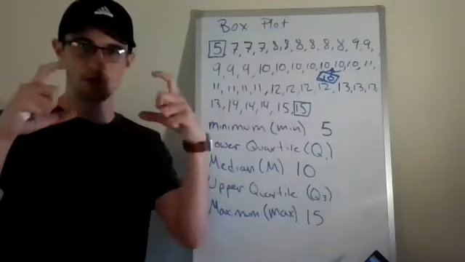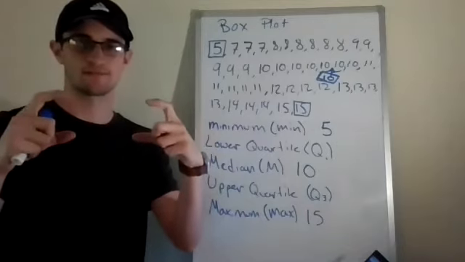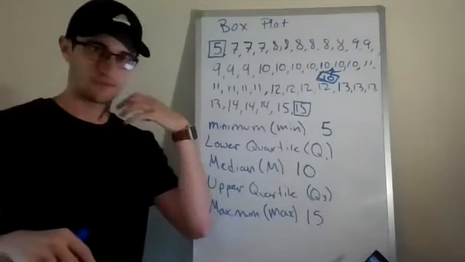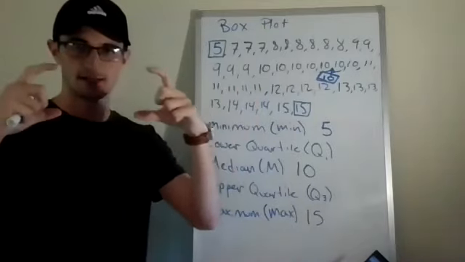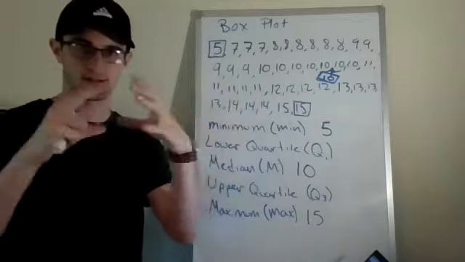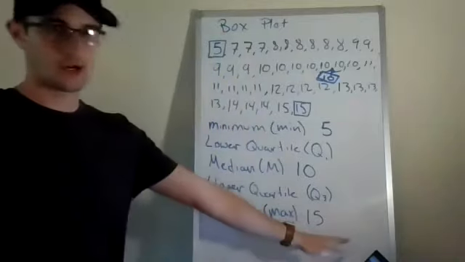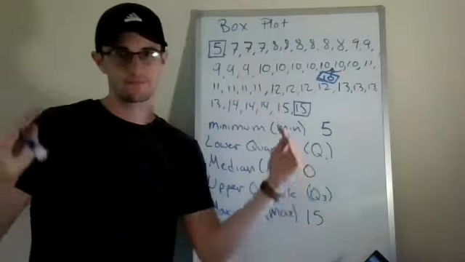And the middle 50% is everything in between. That's the part between the lower quartile and the upper quartile, the majority of the data, where our histogram earlier went up towards the middle.